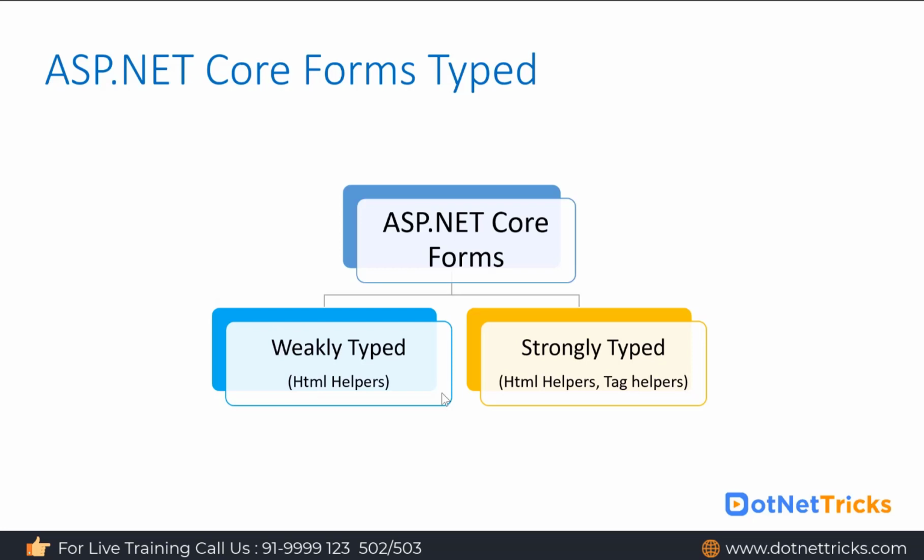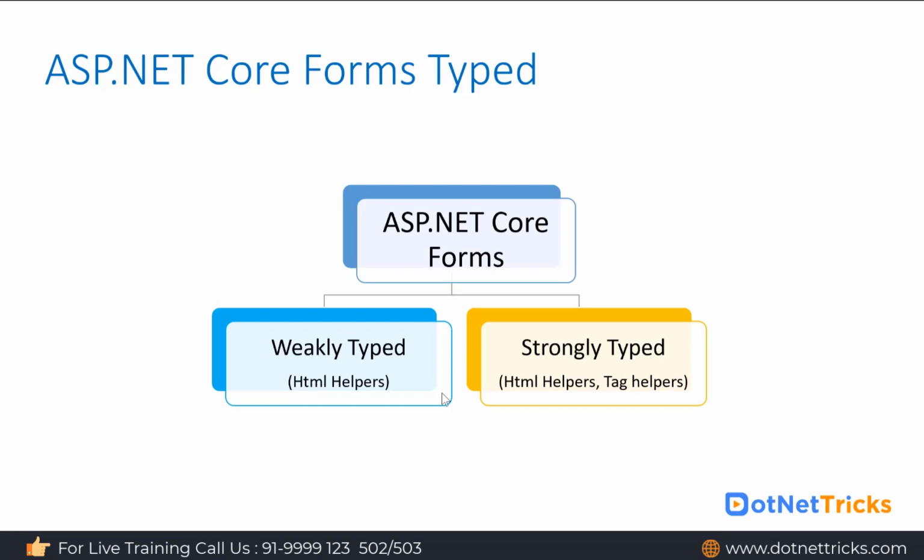Generally when you create the form in ASP.NET Core, we apply client side and server side validation. So usually we create a form as strongly typed, and tag helpers is the recommended practice in ASP.NET Core to create the form.